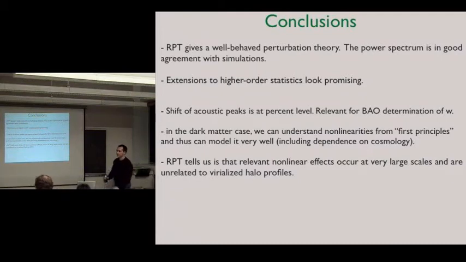The question is, what else can you do with this heavy-duty method besides the acoustic oscillation problem? Well, if you can include these effects, you can hope to go to smaller scales. But so far, there are all kinds of other things other than acoustic oscillations that are sensitive to the same thing, like neutrino mass.